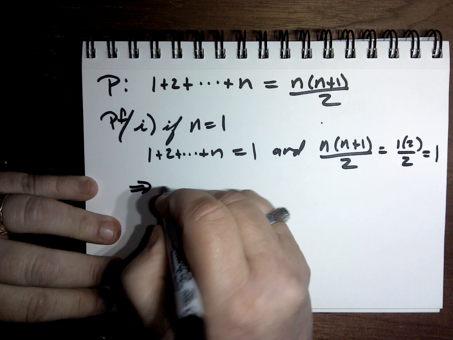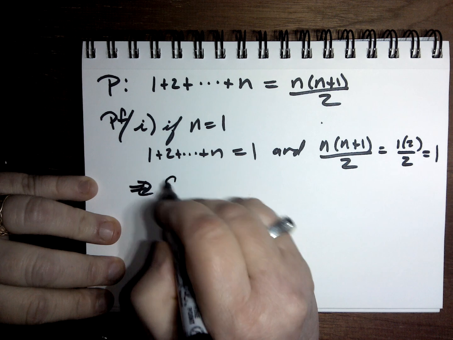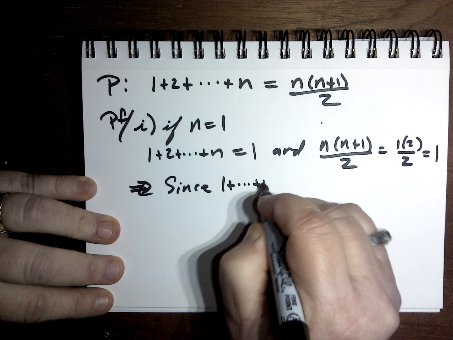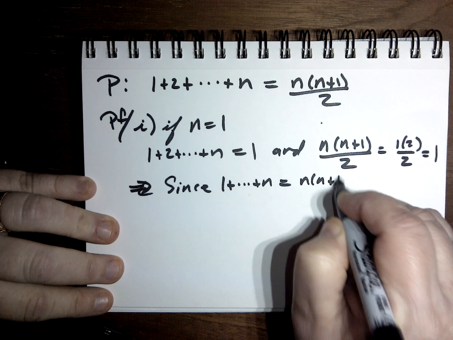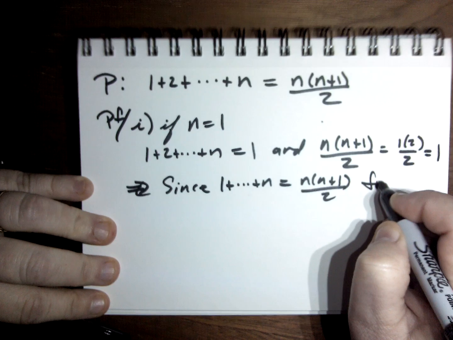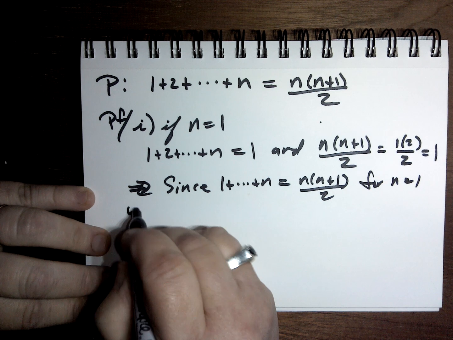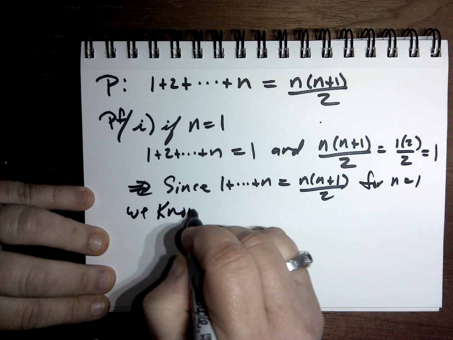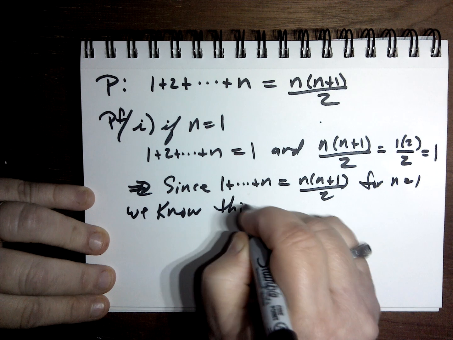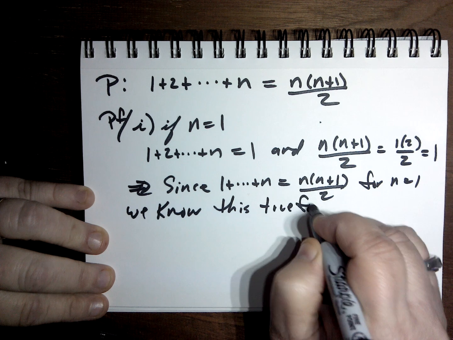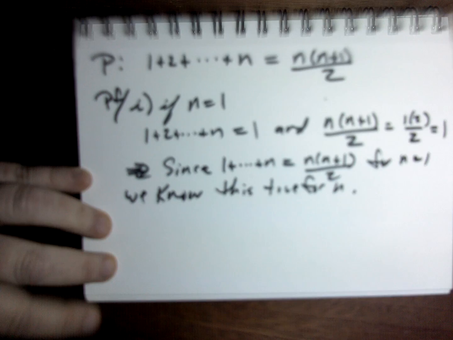Therefore, since 1 plus ... plus n is equal to n times n plus 1 over 2 for n equal 1, we know this is true for n equals 1. This is really redundant, okay. Next part.